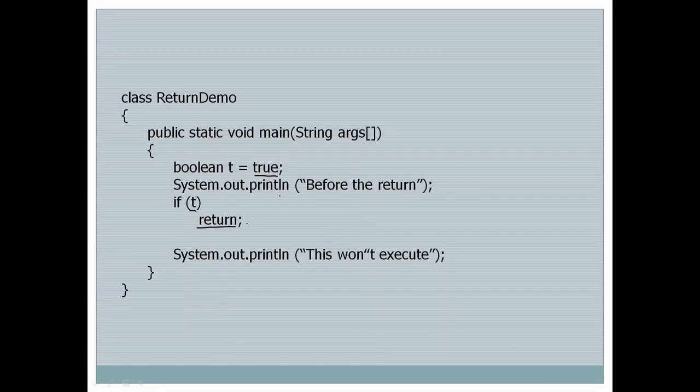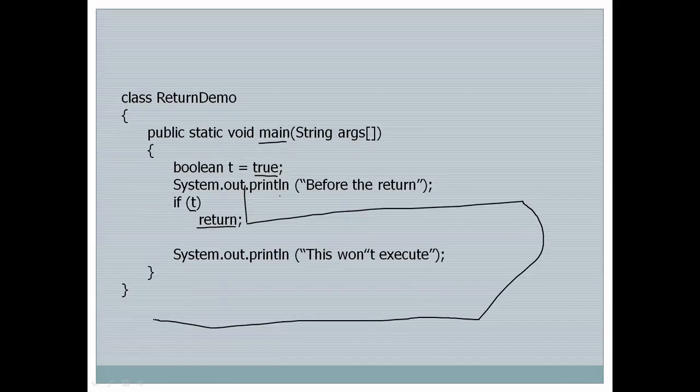And as I've told you, when we execute return inside the main method, it will simply terminate your program. So the control is transferred out of the program, to the operating system.